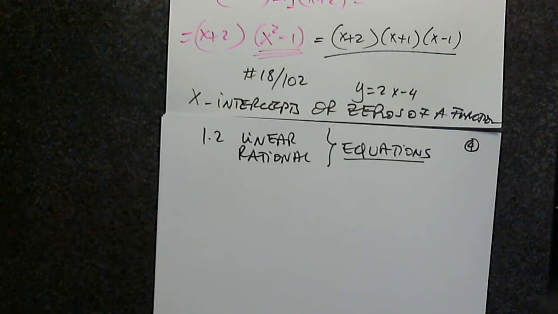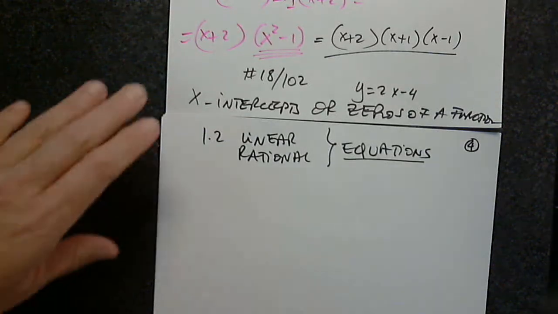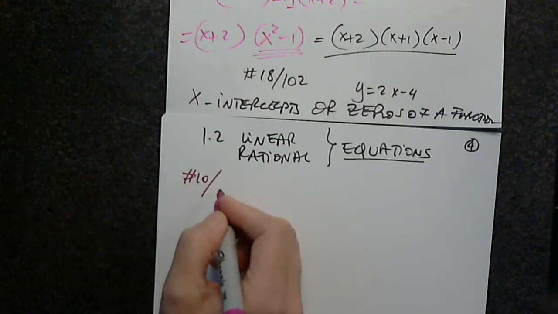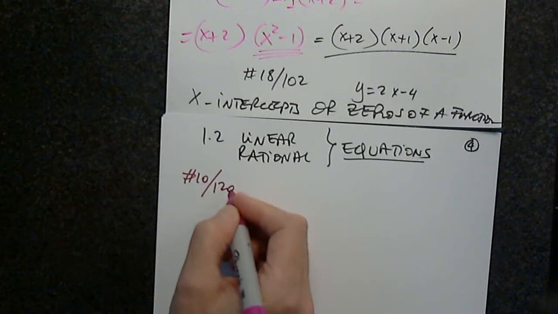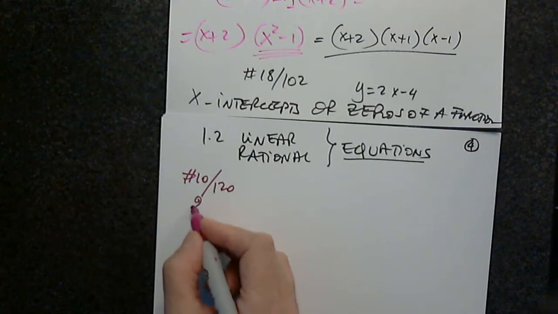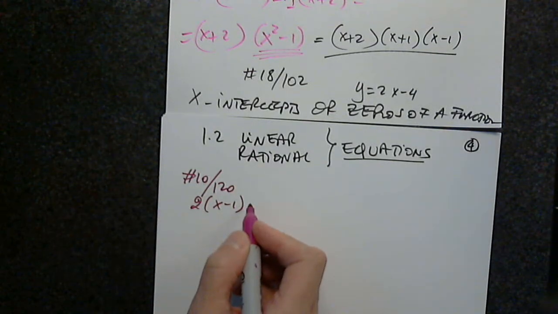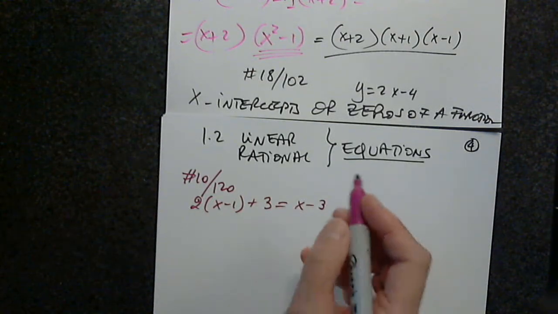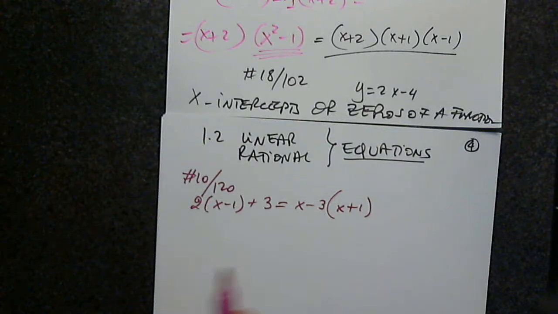So please don't, it's a lot of work, and they have a lot of ins and outs. So let's take a look at the following equation. Let's say problem 10 on page 120: twice (x minus 1) plus 3 equals (x minus 3) times (x plus 1).